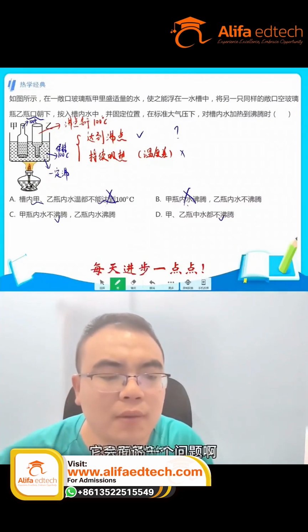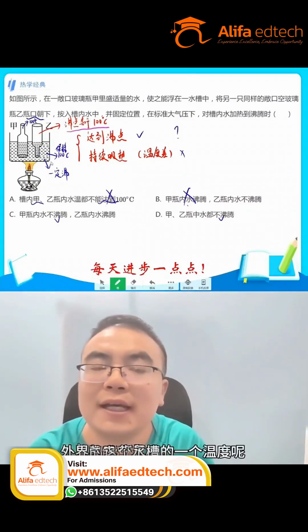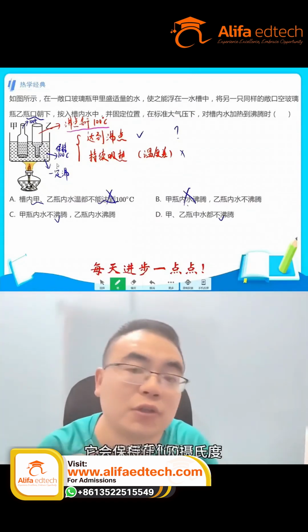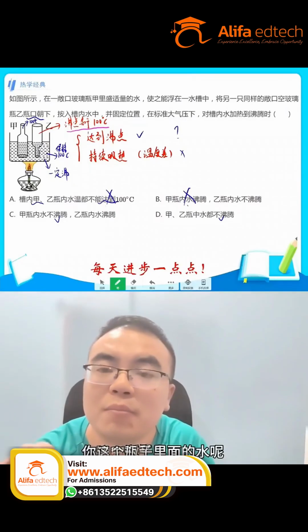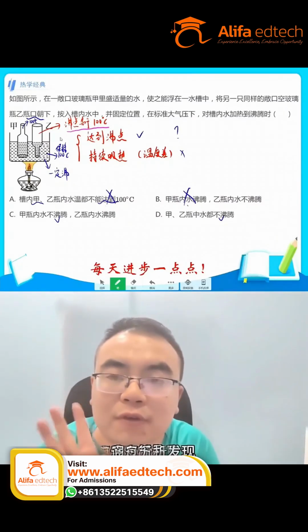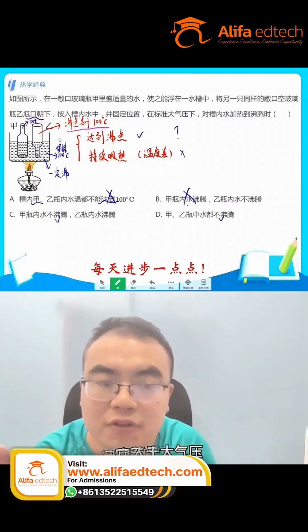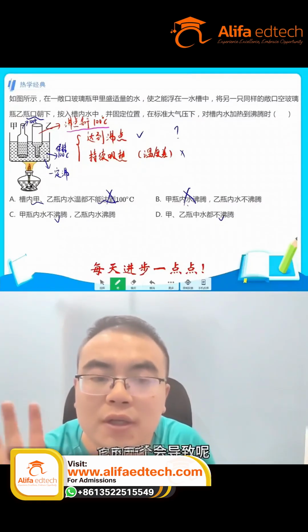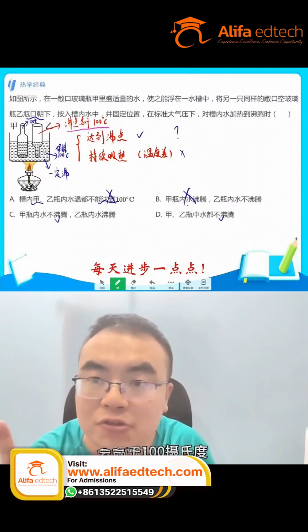It faces a problem, which is that the temperature of the external water bath is maintained at 100 degrees Celsius. Over time, as heat transfer occurs, the water inside your bottle will reach 100 degrees Celsius, but through analysis we find that in this closed environment, the internal pressure is greater than atmospheric pressure, which leads to the boiling point of the water in bottle B being higher than 100 degrees Celsius.